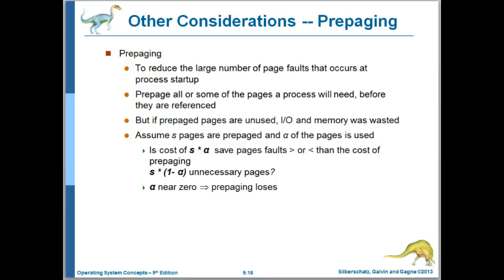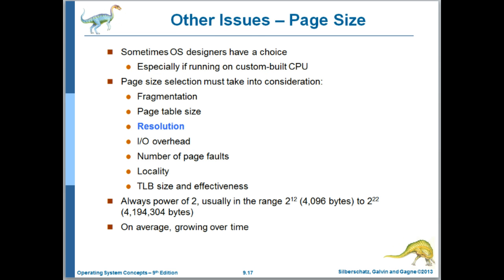So a technique that can be used to reduce that is to pre-page by actually bringing in pages before they're requested. Of course, if we bring in too many pages, some of them may be unused, and then we have a trade-off calculation to perform.